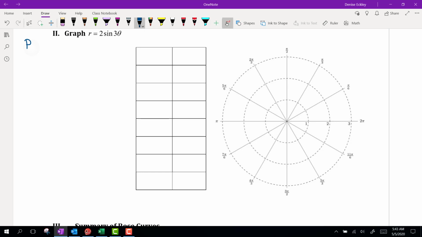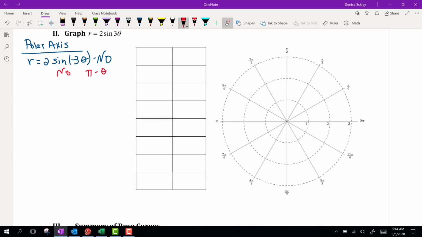So we have polar axis symmetry, and that is going to be r equals 2 sine negative 3 theta, and the answer for this is no, and it's no even if I use the other method with the pi minus theta.